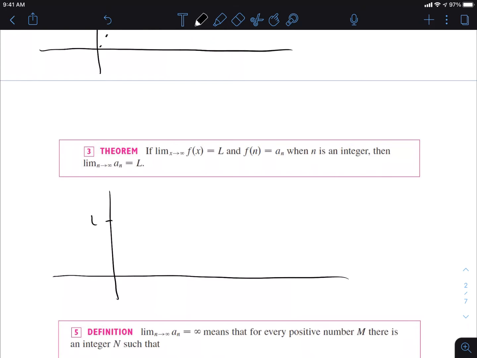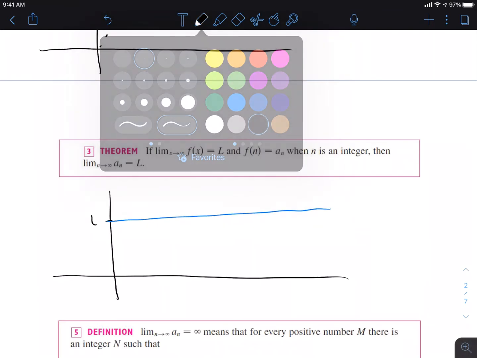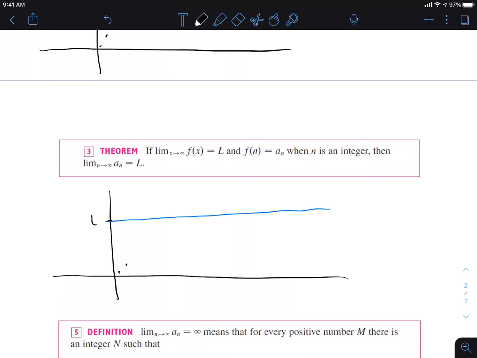If this is my L, I should do that in a different color, and it goes here. As I plot points that are taking me to the error, the function and the plotted points are going to take me to that L limit. That's all that's saying. Okay?